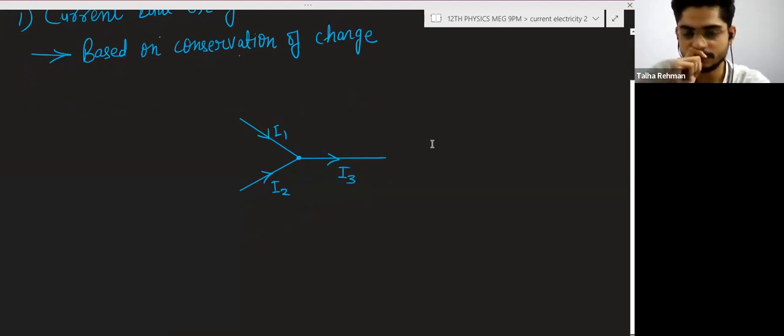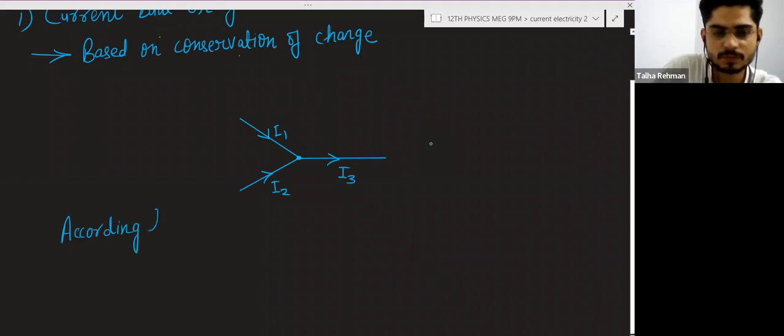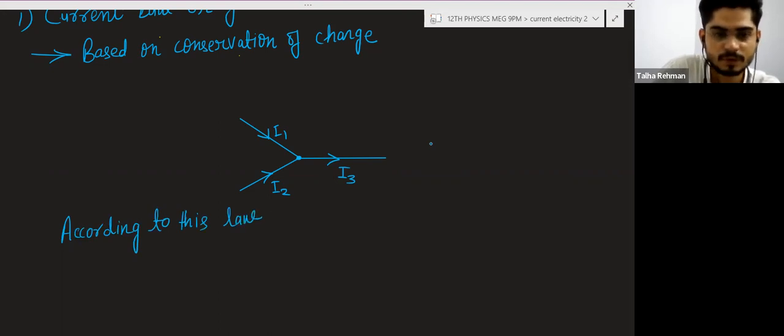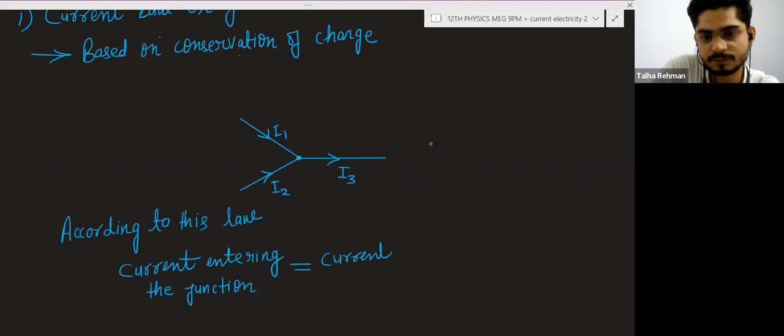So according to this law, the current entering the junction is equal to the current leaving the junction.